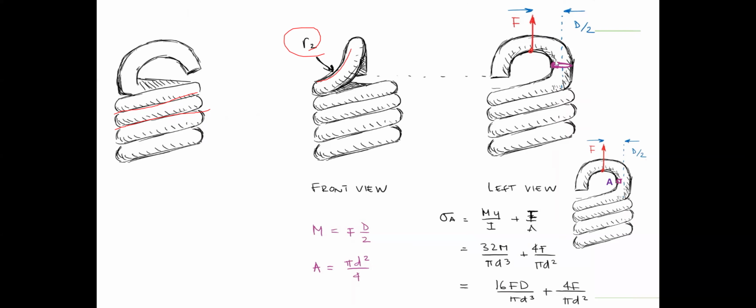Where? Here. Okay, so this is the cross section of the wire. And at this point in the fiber of this hook, there is the maximum stress concentration. Let's say this is the point A right here. So we can analyze these stresses, right?